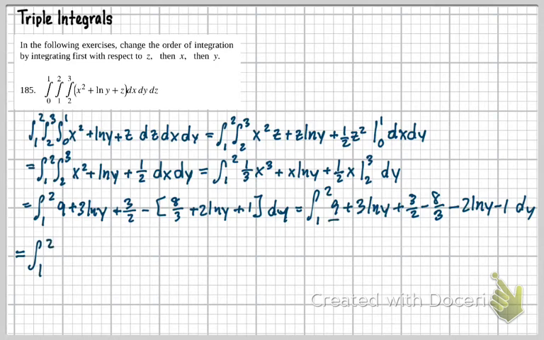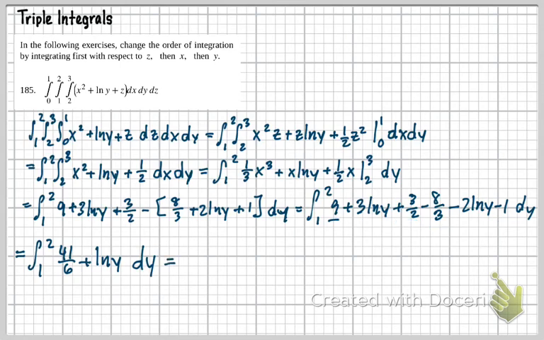And then I can put this 9, 3/2, 8/3, and 1 together. So this is going to be 41/6. And then for my ln's, 3 minus 2 is 1. So it would be plus ln of y and dy.